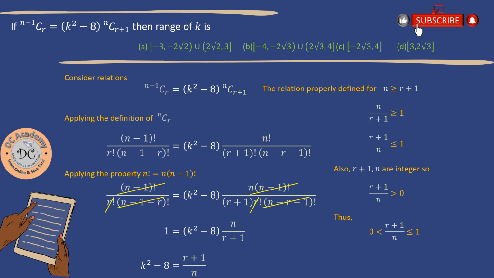So that's why it is greater than 0, not greater than or equal to 0. Therefore k square minus 8 must lie between 0 and 1. Obviously 0 is not included, 1 is included. So let's go ahead.